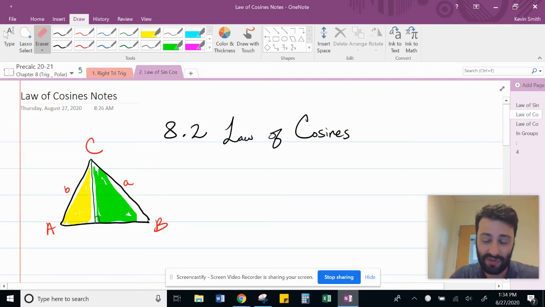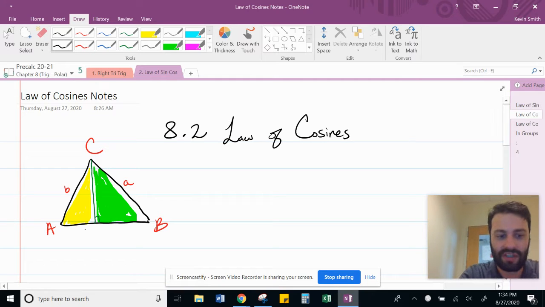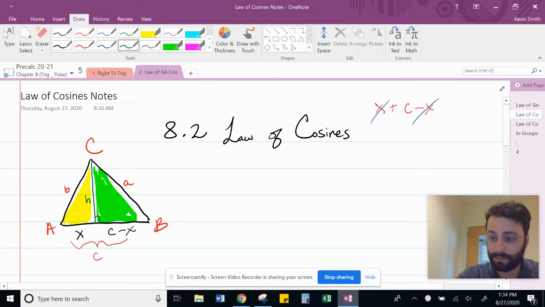We're going to relabel side C. Because I don't know these distances, I'm going to call this one X and this one C minus X. You can see that both of these add together to be C, because X plus C minus X is just C. So we're going to relabel the bottom.